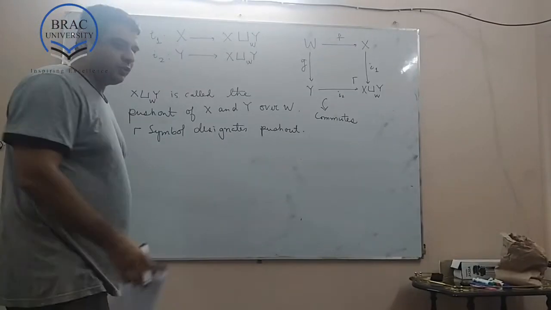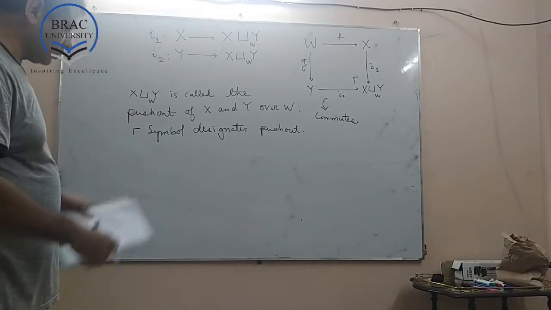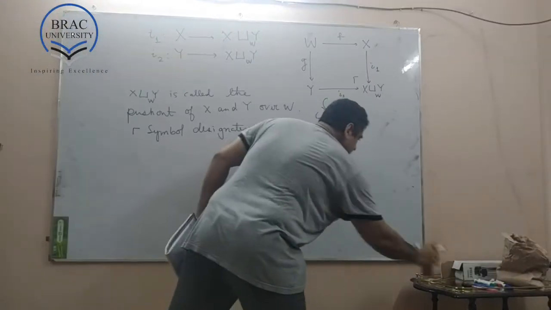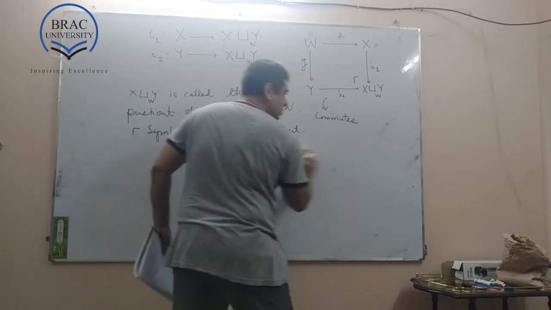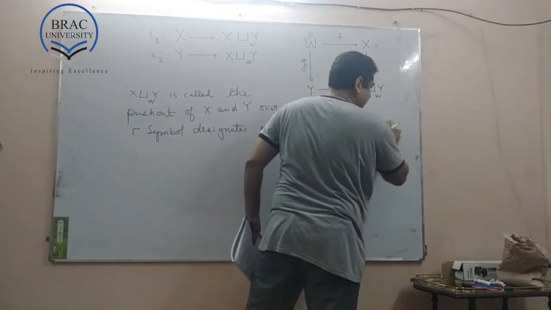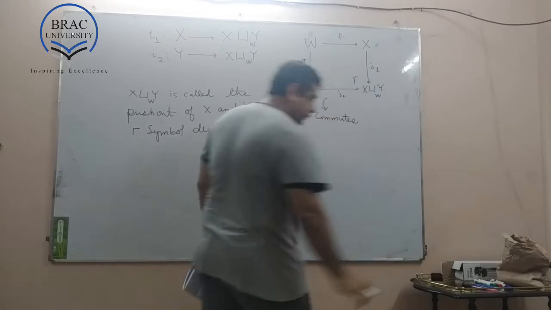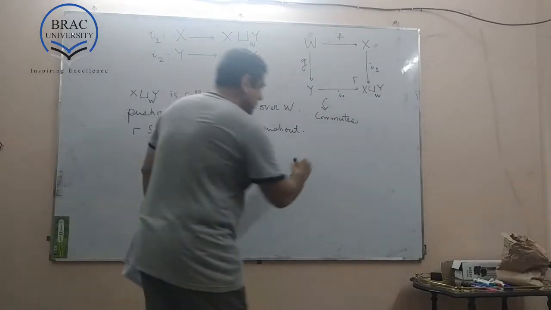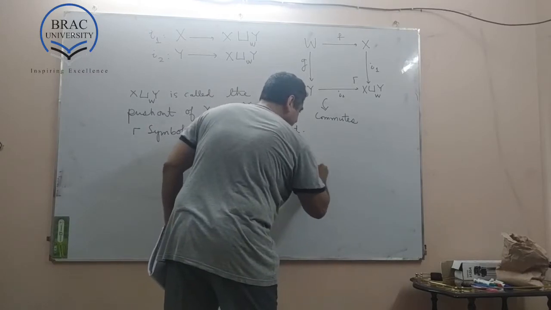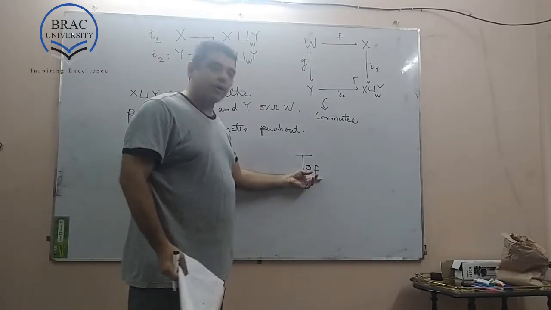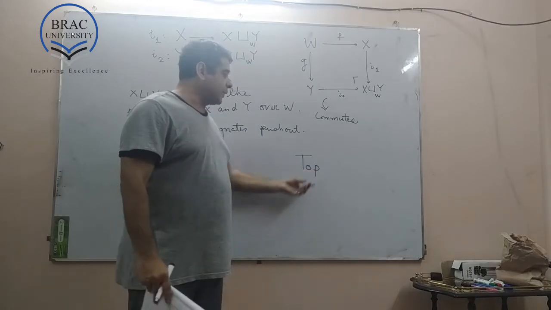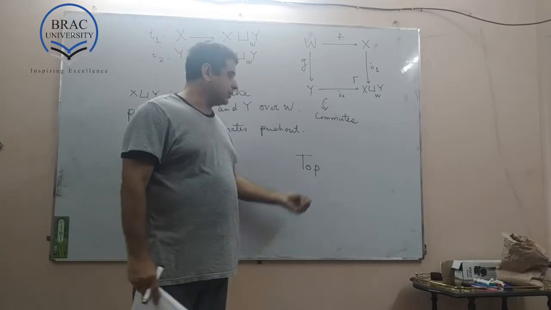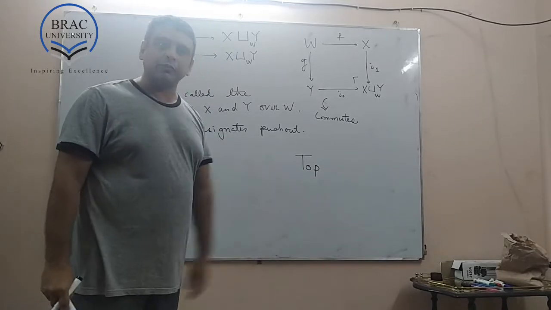Alright. So I want to give you an example of pushout, although it's not written in the lecture notes. Let me try to simplify it for you. It's an example from the category of topological spaces denoted by TOP. This is the category of topological spaces where the objects are topological spaces and the corresponding morphisms are continuous functions between topological spaces.